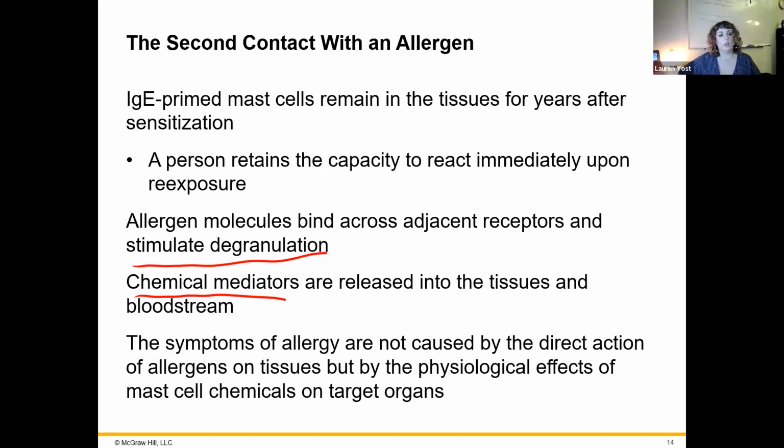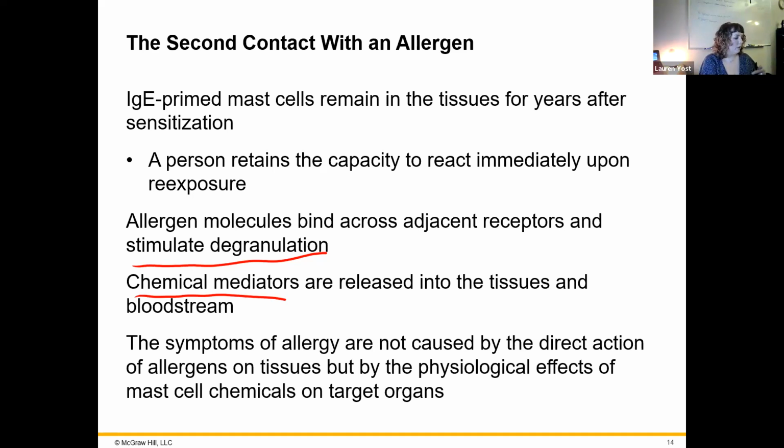So the chemical mediators will be released into the tissues and the bloodstream, and those will lead to the symptoms of allergy. Whenever you have symptoms of allergy, it's not from the allergen, it's not from pet dander.